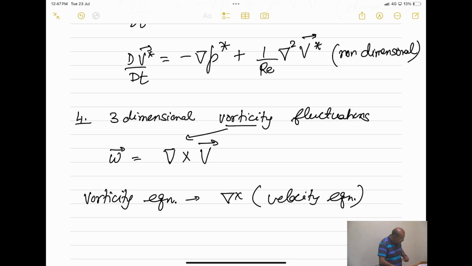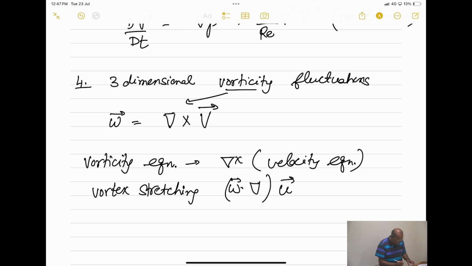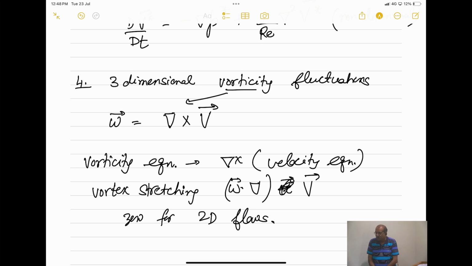Now in the vorticity equation, there is a term called vortex stretching, omega dot grad V. V is the velocity vector. This omega dot grad V is called the vortex stretching term, and this term is 0 for two-dimensional flows.